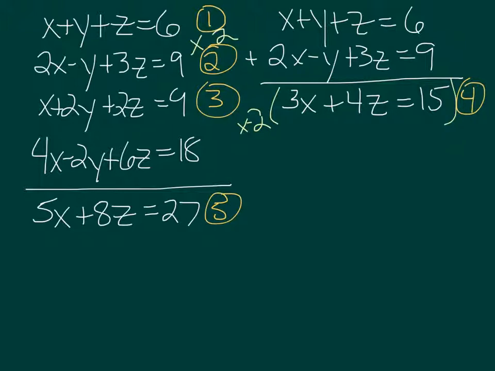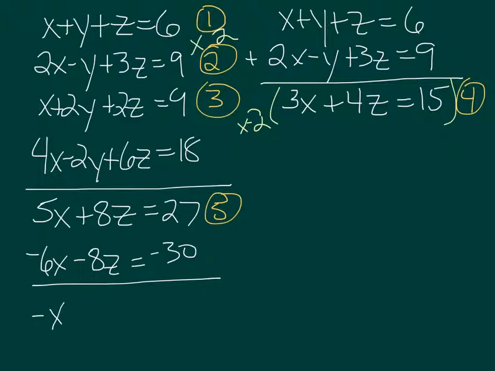And what we get is negative 6x minus 8z equals negative 30. We add straight down and get negative x, z's cancel, equals negative 3. And so then we get x equals 3.